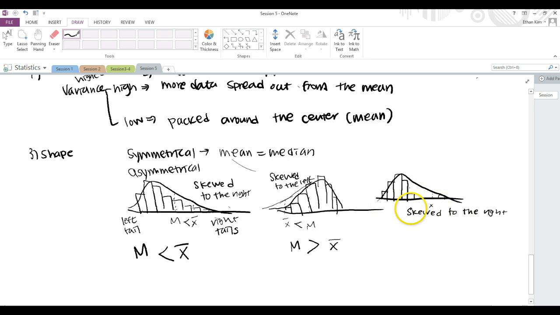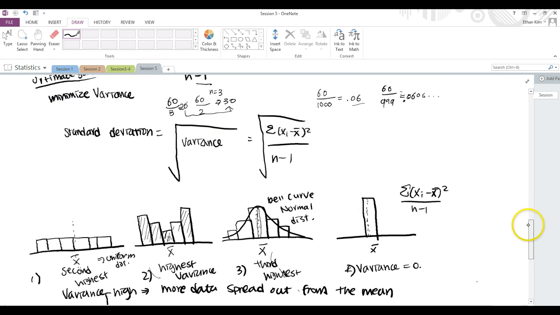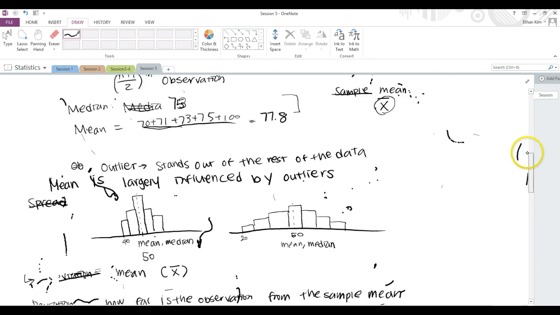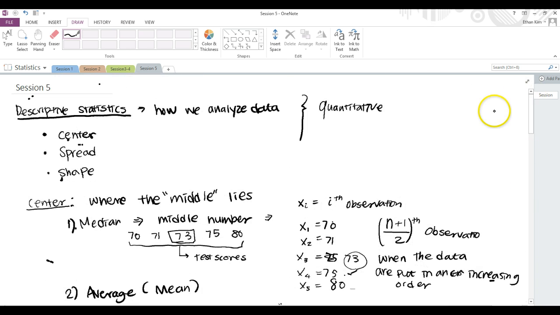It would be something like here, where the median is here. So that's the discussion of descriptive statistics, where we talk about shape, center, and variance. And now we're going to do an example in Excel, how to use all this information and do it in Excel. So let's move on to Excel now.